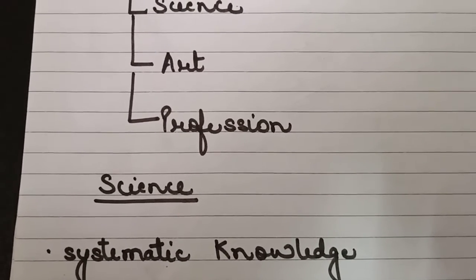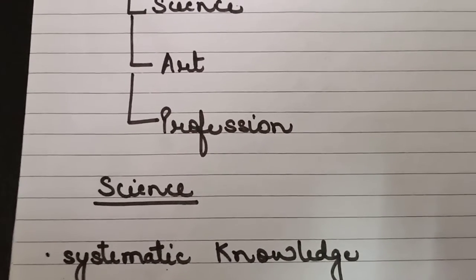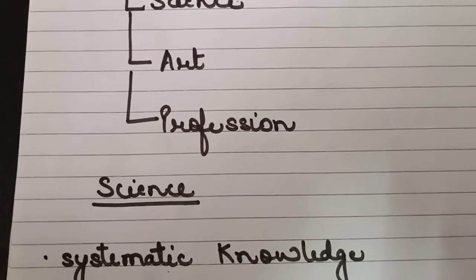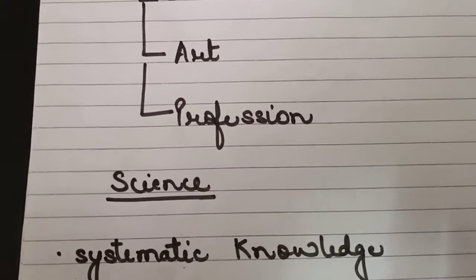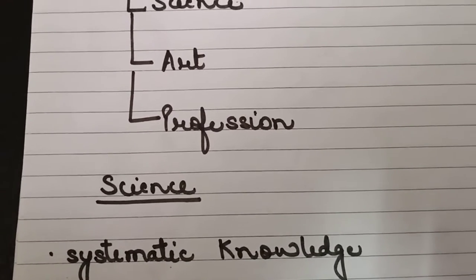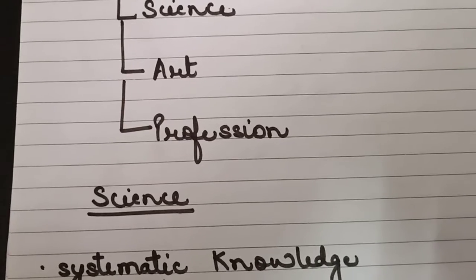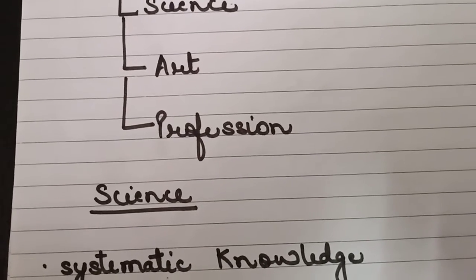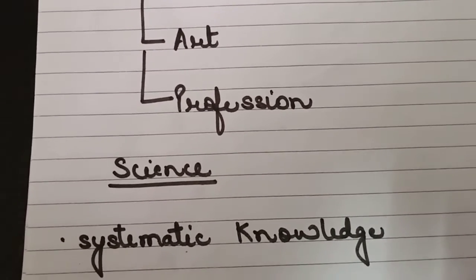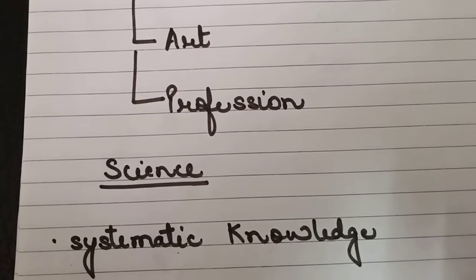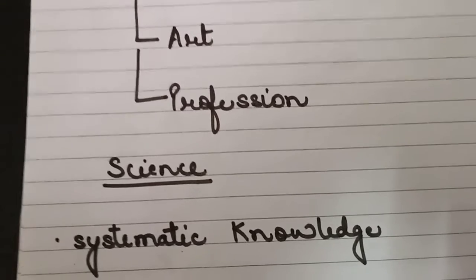In science, organized and systematic study material is available. If we talk about physics, chemistry or any other subject of science, I'm sure you know that there's a systematic study material which is used to acquire the knowledge of science. Similarly, in management also there is availability of systematic and organized study material.